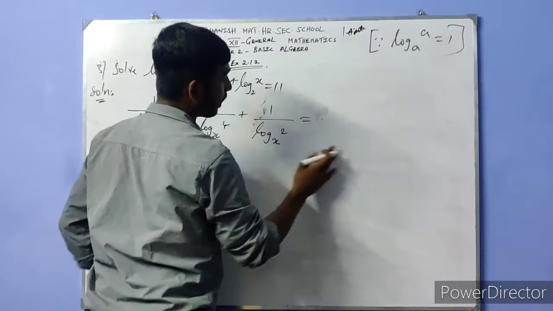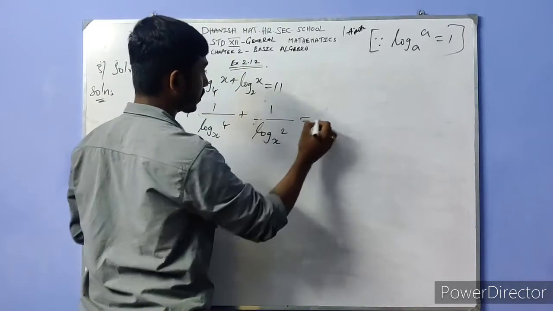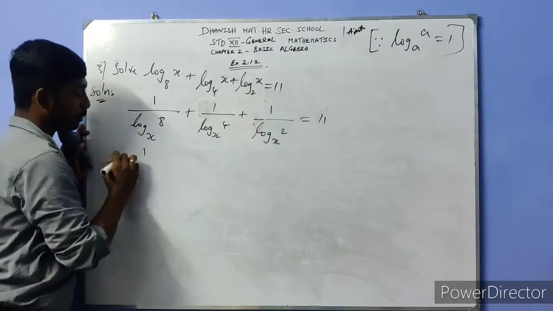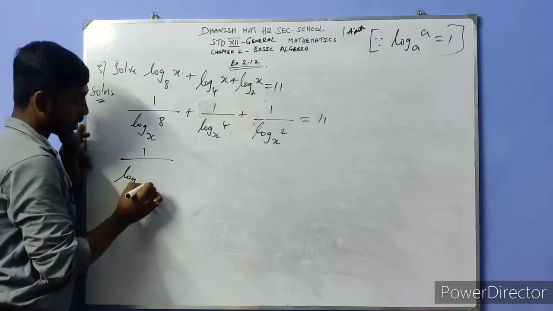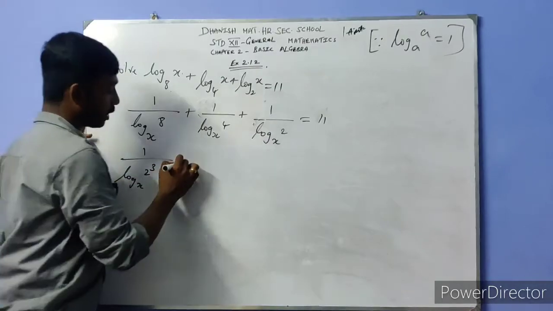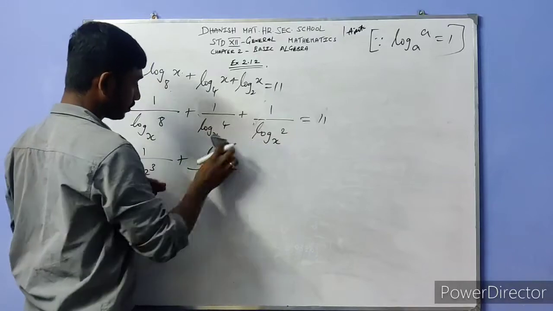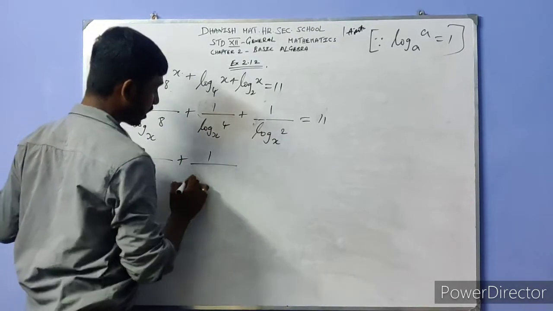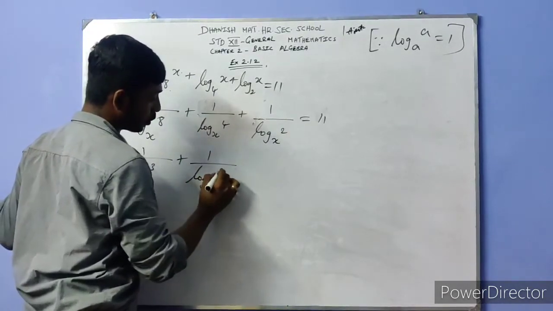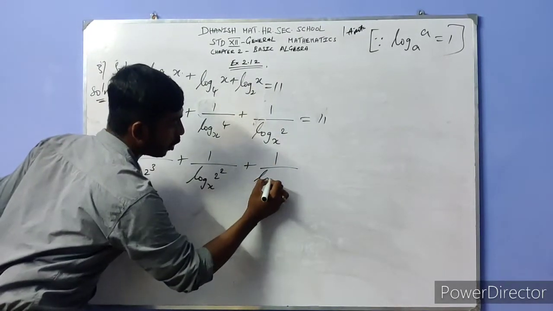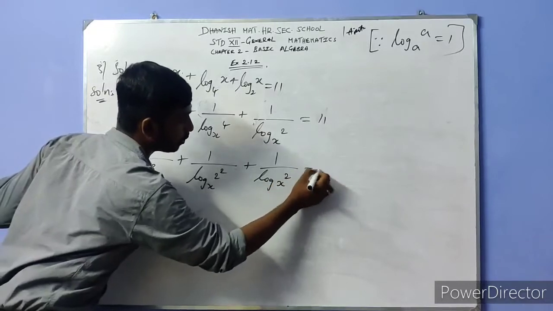So what is the value here? Now we are using the product rule method. First we are taking the power into the log: log x power of 2 cube, then 1 divided by log x power of 2 square, then plus 1 divided by log x power of 2 equal to 11.